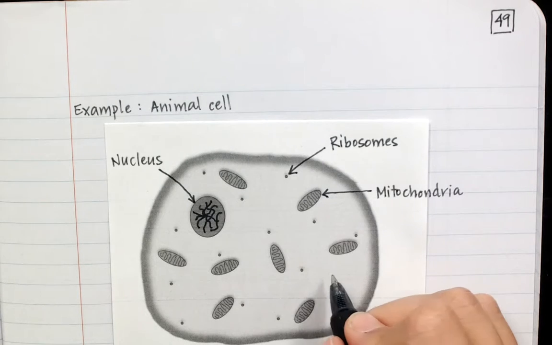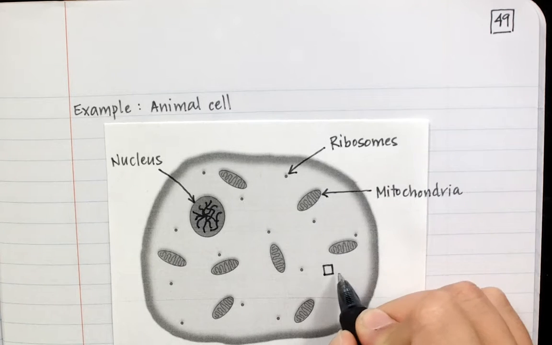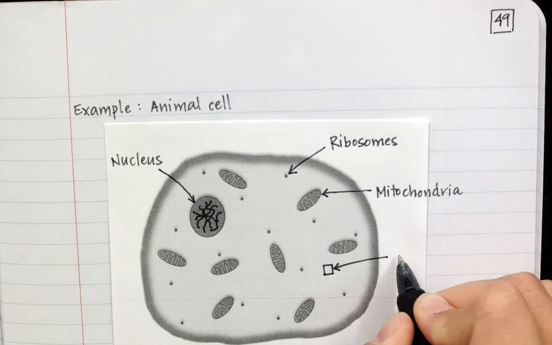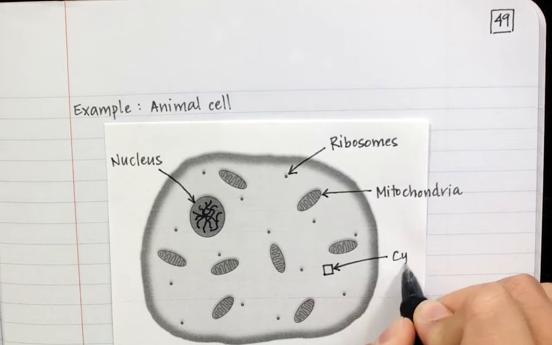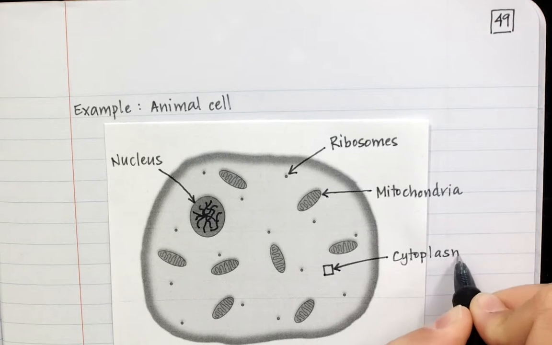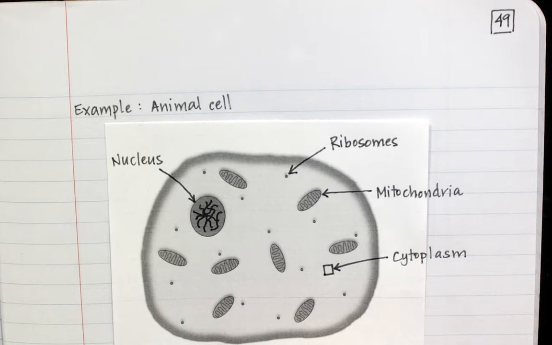All right, this cell has stuff floating around inside of this gel-like fluid that is the cytoplasm. And then it also has a cell membrane.